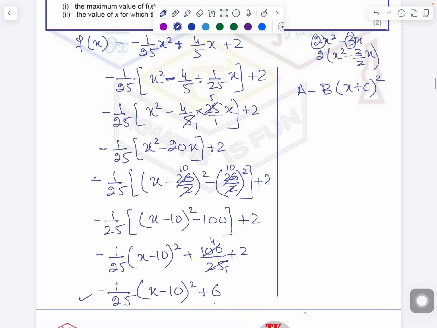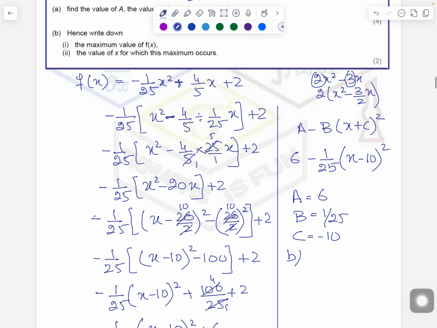So I just need to rearrange my answer. It is 6 minus 1 over 25 (x minus 10) whole squared. So you can say A equals 6, B equals 1 over 25 and C equals minus 10.